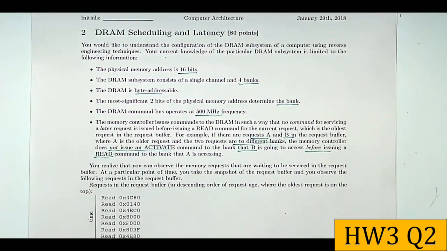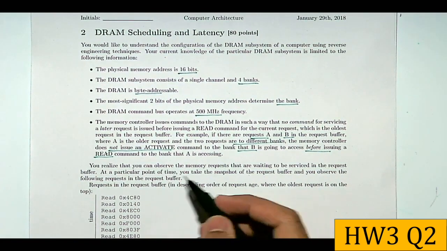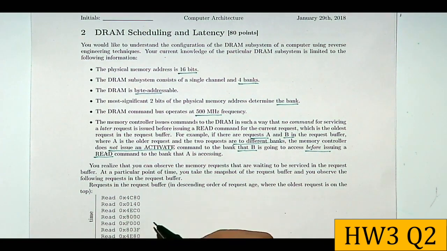Make sense? Now this is the state of the memory requests currently in the DRAM request buffer.